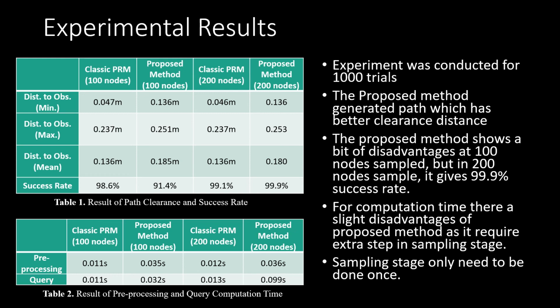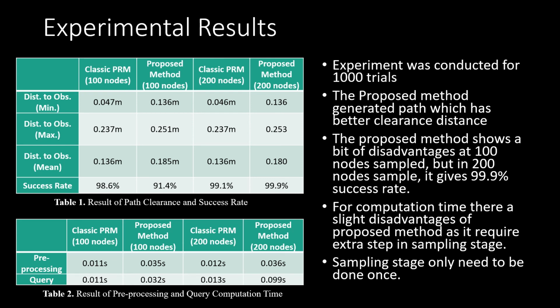But for the success rate, our proposed method shows a bit of disadvantage at 100 sample nodes. But at 200 nodes, it gives a better advantage at 99.9% compared to the classic PRM, which is only 99.1%.